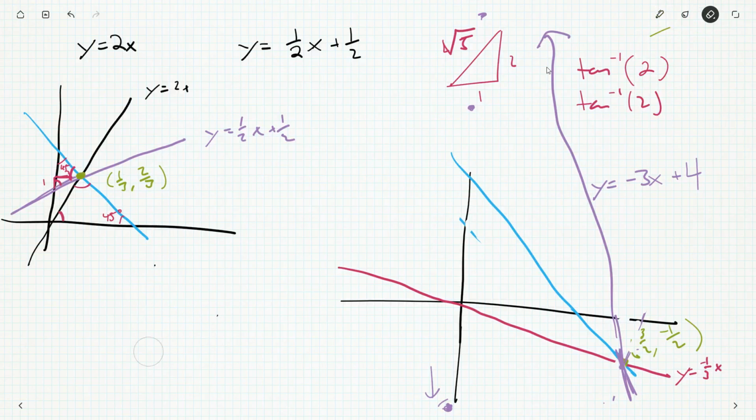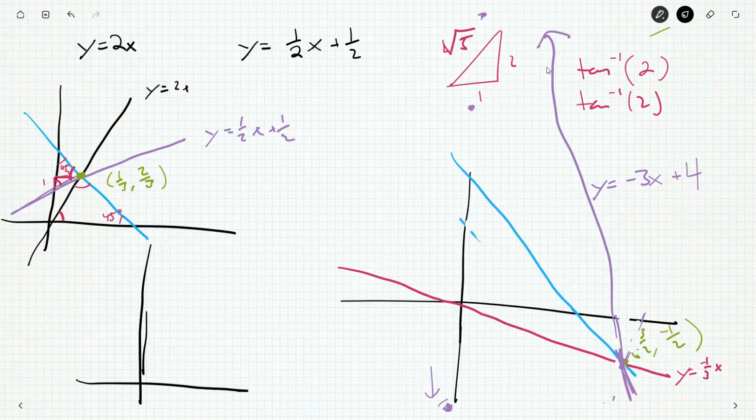Ah, why can't I draw it tiny? Okay, blue.